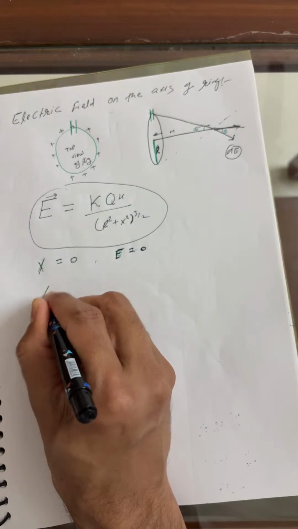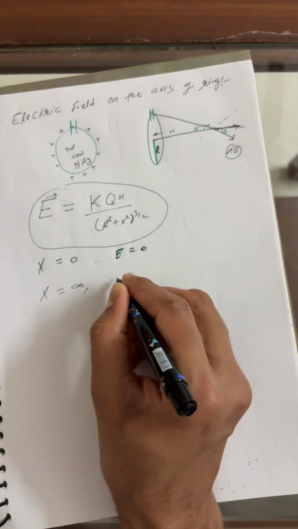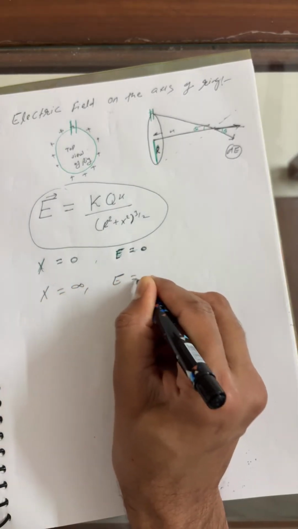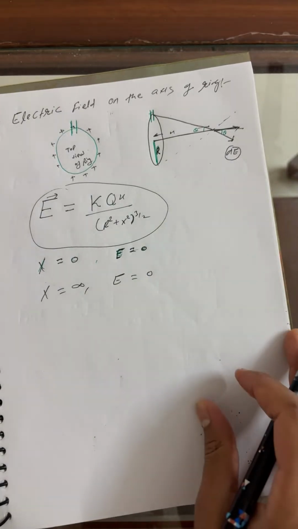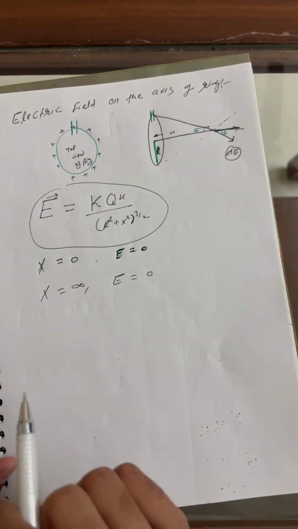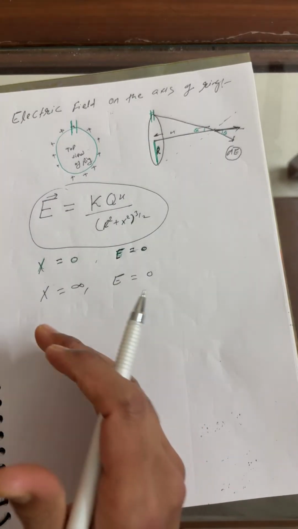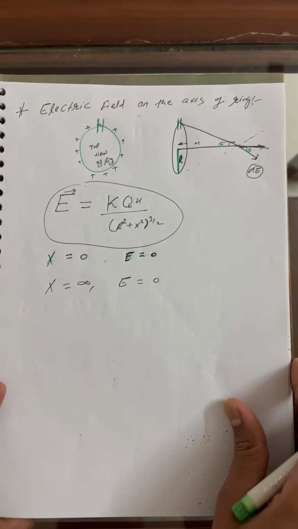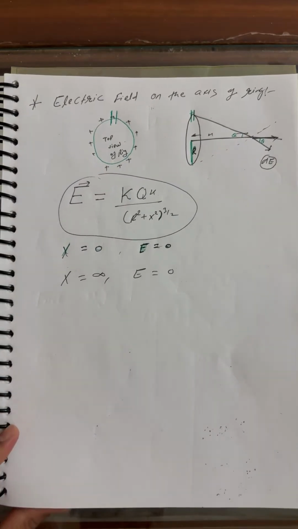Now put x equals infinity. Again the electric field is 0. So both ways the electric field is 0, which means somewhere the electric field will have a maxima or minima.